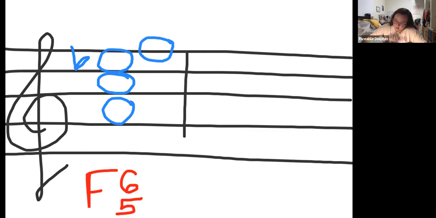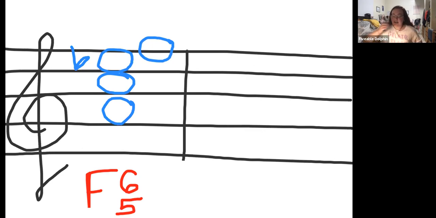And then we have another. So our next one, let me go back to this. A flat major seventh chord in third inversion.